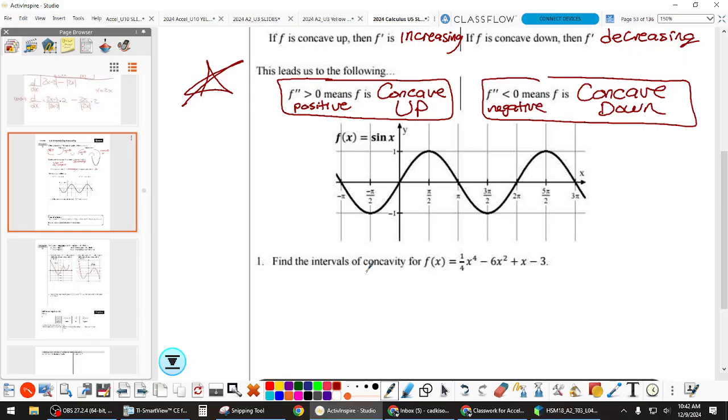So, in an interval of the sine curve, there's lots of concavity changes, right? What do we call those changes in concavity? Yeah, we'll do that pretty soon, but those are points of inflection, right?